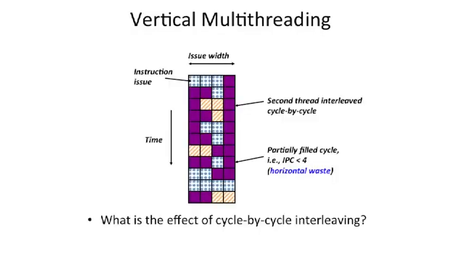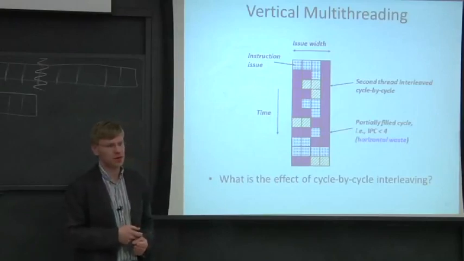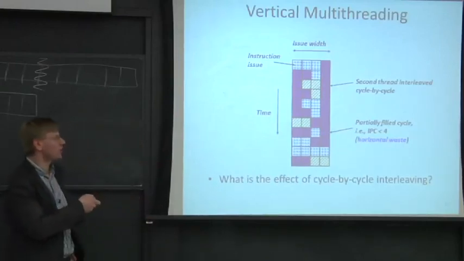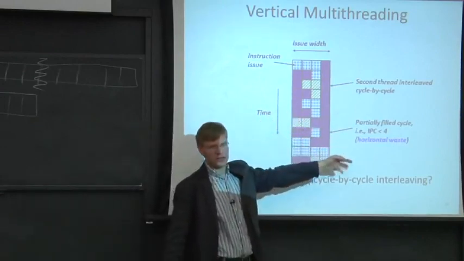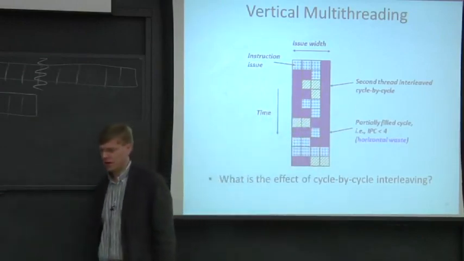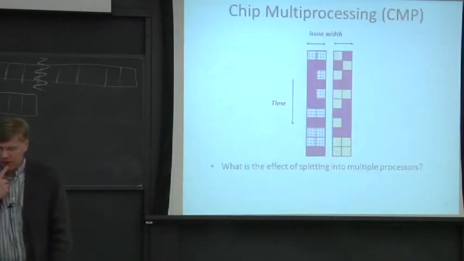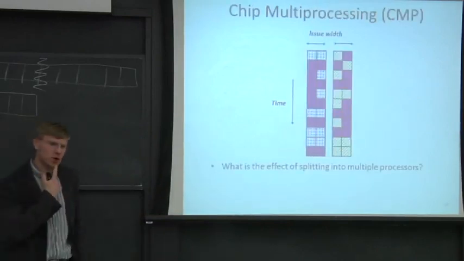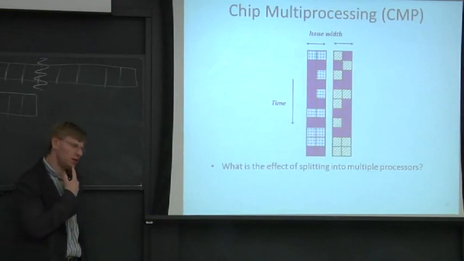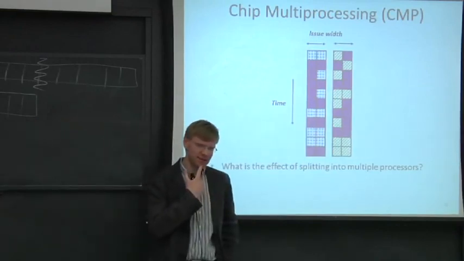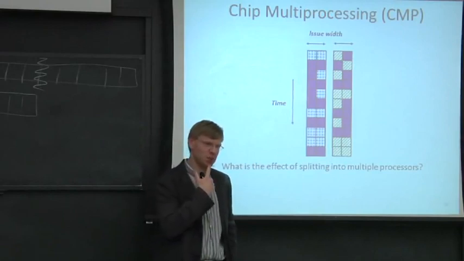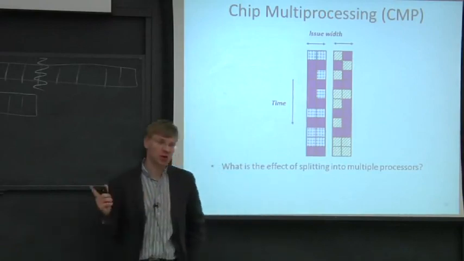We talked about our coarse-grained multithreading, which was effectively temporally slicing up the cycles. You run one thread, switch to a different thread, and so on. But another approach was actually done in the failed Sun Millennium processor, what was going to be UltraSPARC 5.